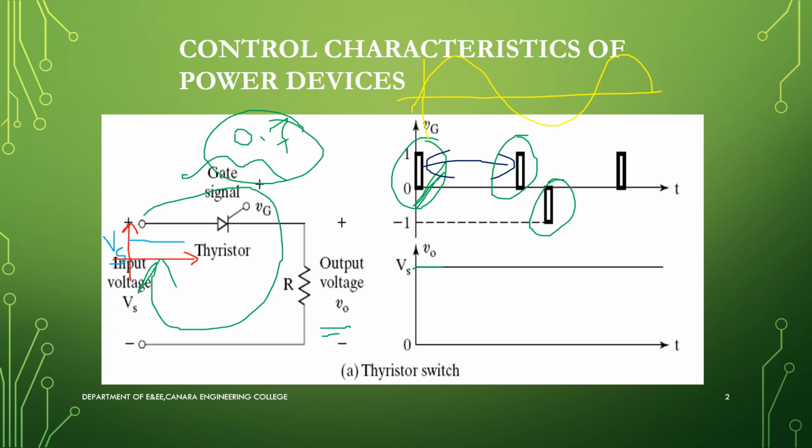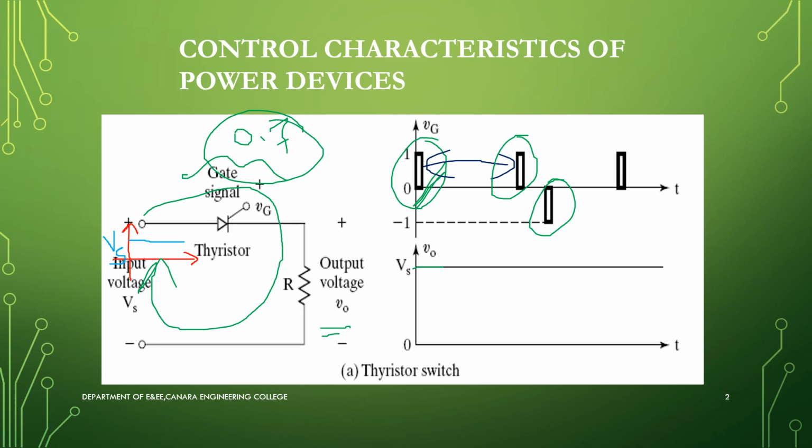So at this particular point, when the input crosses 0, automatically your thyristor will turn off. But in this case, our input signal is DC. That's why it is not going to turn off on the DC signal.